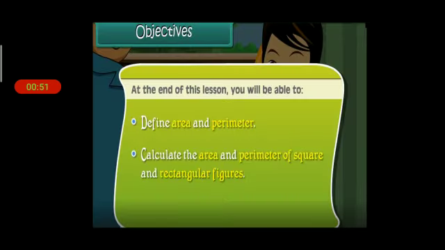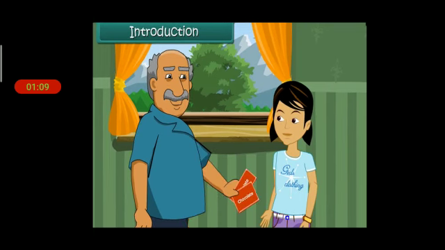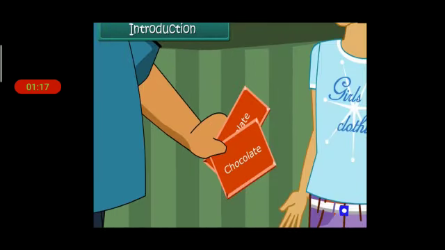Students, before moving ahead, I want you to solve one word problem. Once Uncle John came to Sonia's house and gave her 2 chocolates and told her, Sonia, these are 2 chocolates.